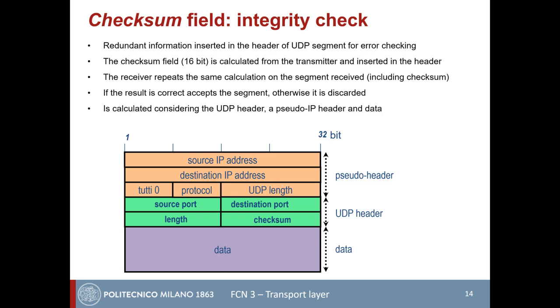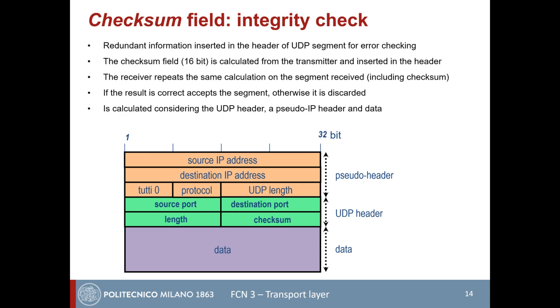They are called pseudo headers, since they are read from the IP packet that will carry the UDP segment, the UDP datagram, and then used by the sender. In particular, you have the source IP address, the destination IP address, and the number of the protocol, which is another field we will see when we talk about IP packets. This number says that the content is UDP, basically, so it is a number associated to the UDP protocol.